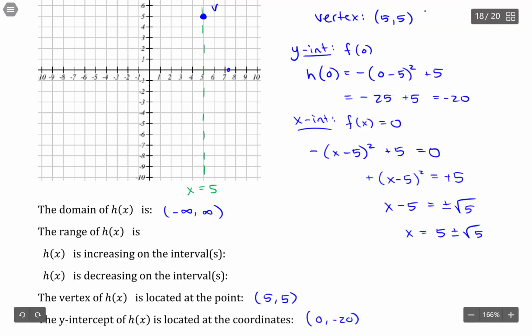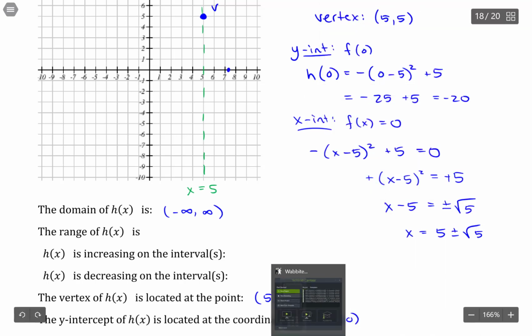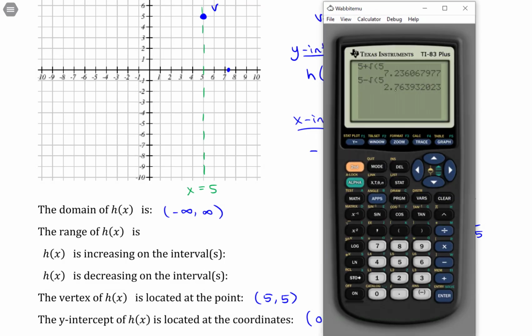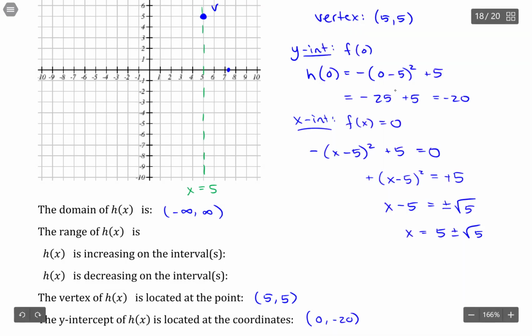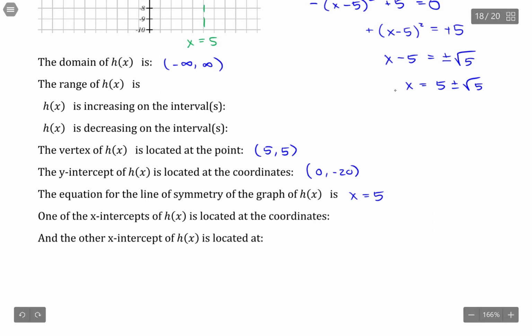So 7.2 is approximately right there, and 2.8, I'm sorry, I did not round correctly originally. So there are those zeros on my x-axis. To answer this question, however, we need to write these exactly: 5 plus the square root of 5, comma 0, and 5 minus the square root of 5, comma 0.